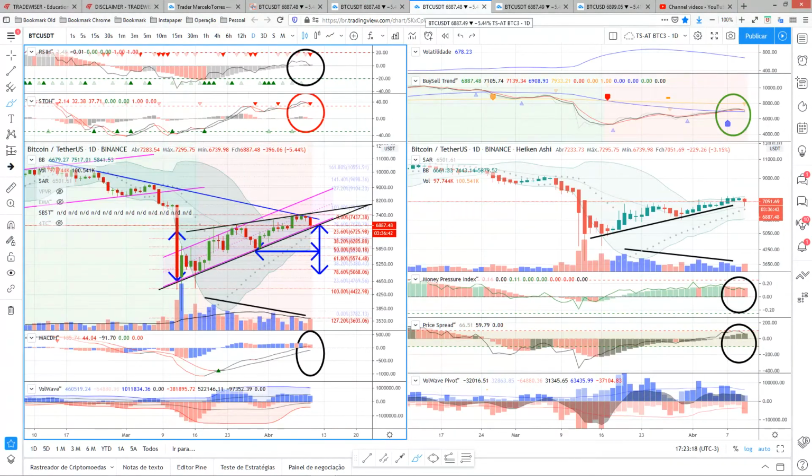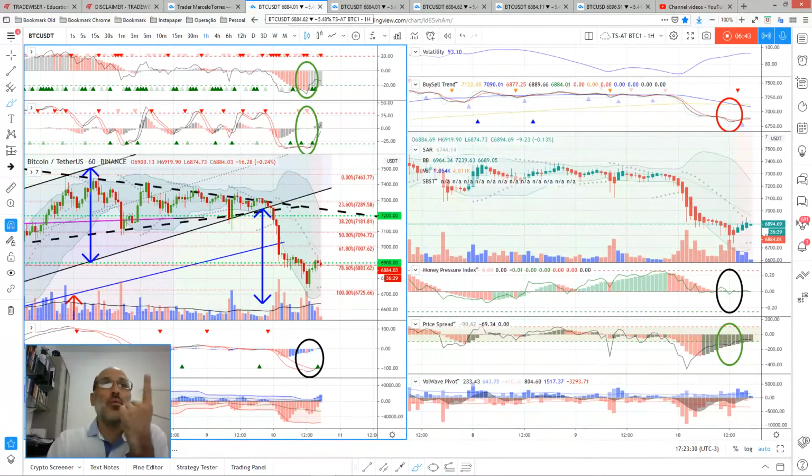So, for instance, if we go to the 1 week chart, we have one candle being built, but this one candle is being built by 7 one-day candles. Okay, so this is my point.